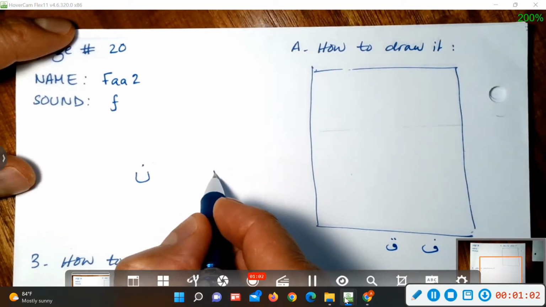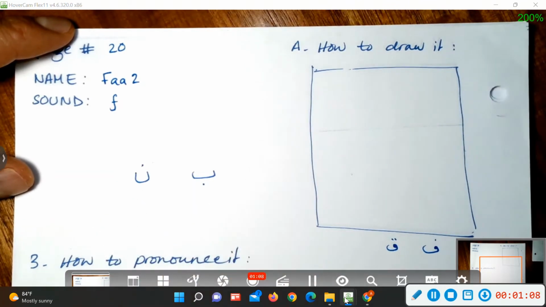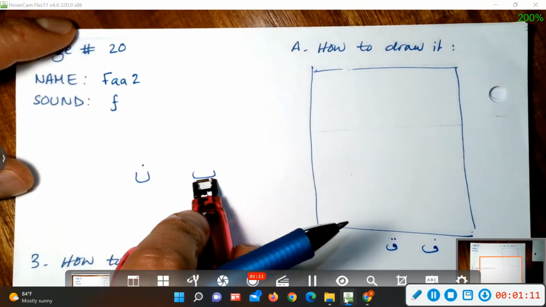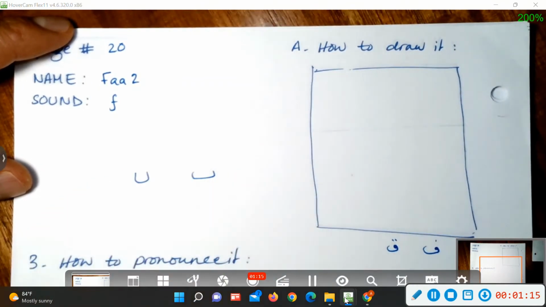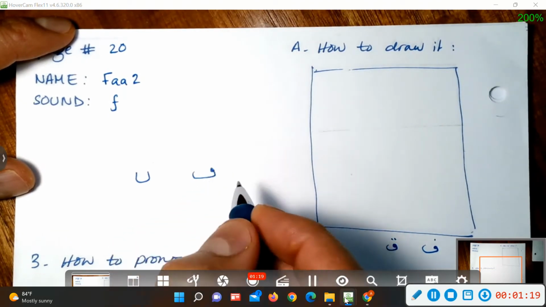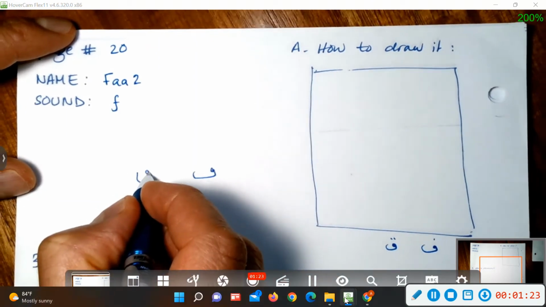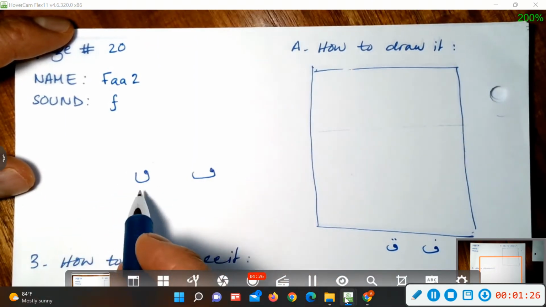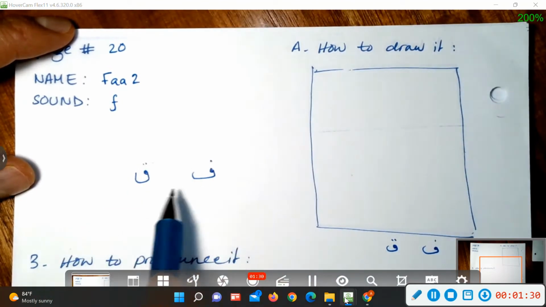So if we draw a Ba here and a Noon here, take off the dot of the Ba and the dot of the Noon, and then add a head for the Ba and a head for the Noon, with one dot here and two dots here, we will have Fa and Qaaf.